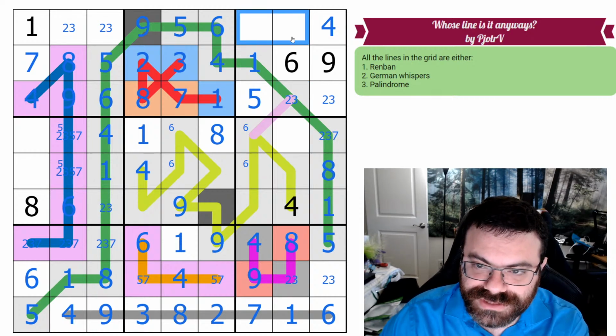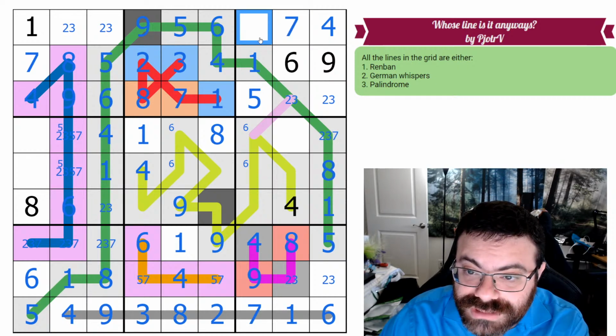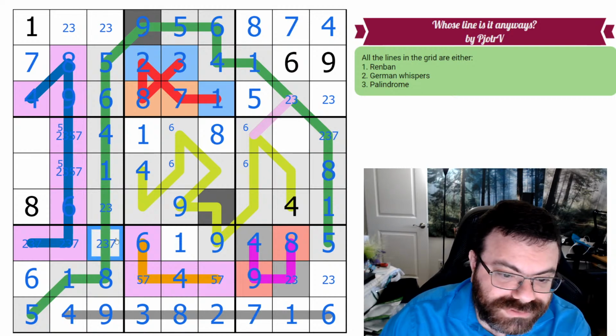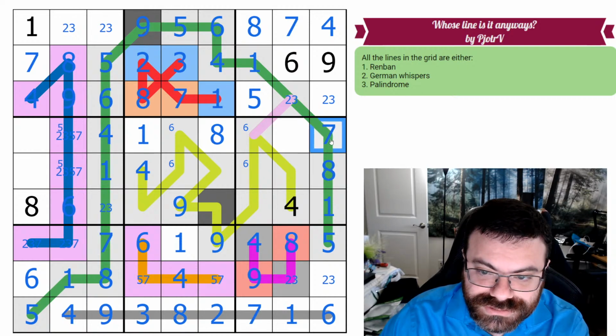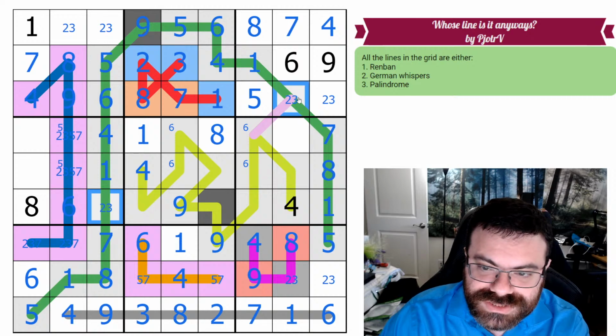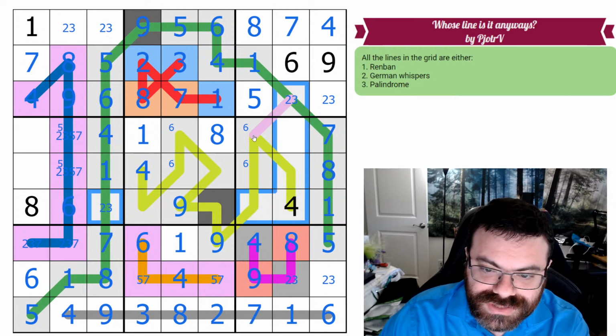This is 7 and something. So 7 and 8. This is a 7. That puts a 7 here. Yep. These two are the same. So they have to go here.